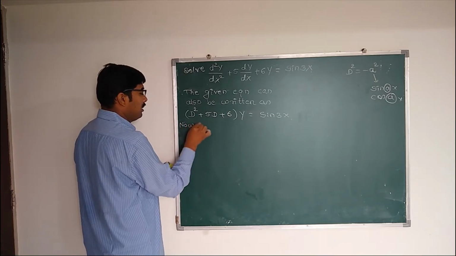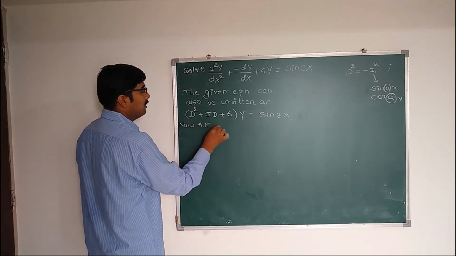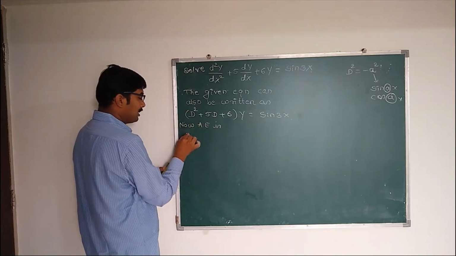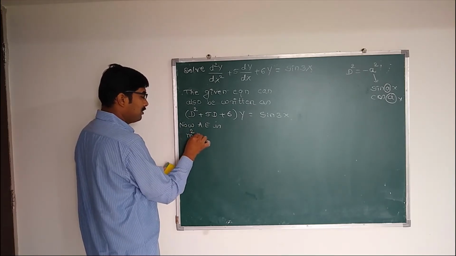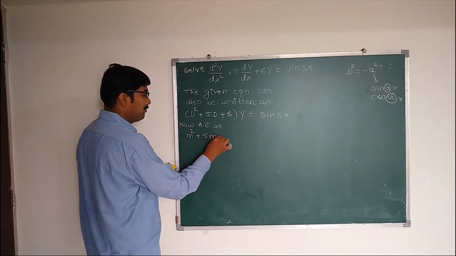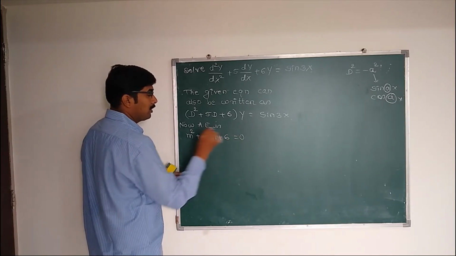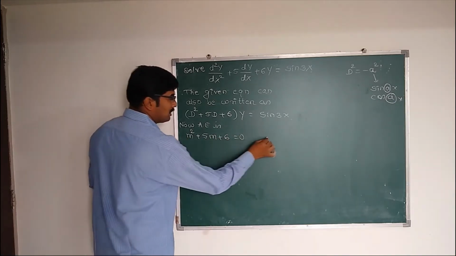Now the auxiliary equation we can write as m square plus 5m plus 6 is equal to 0. Here the constant term is 6.